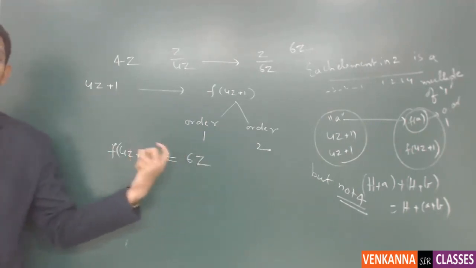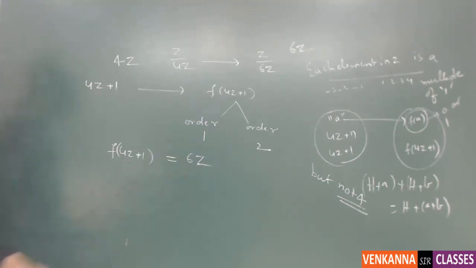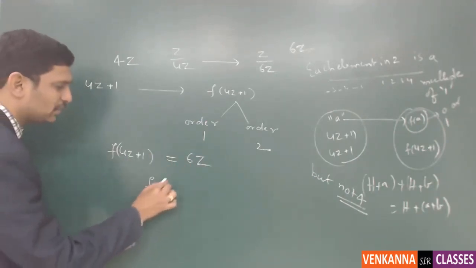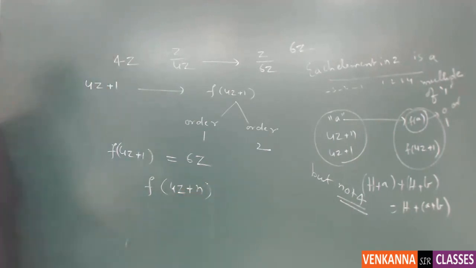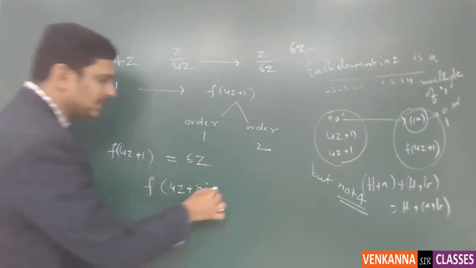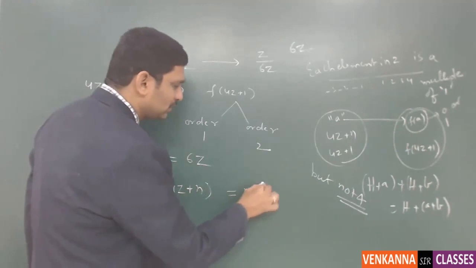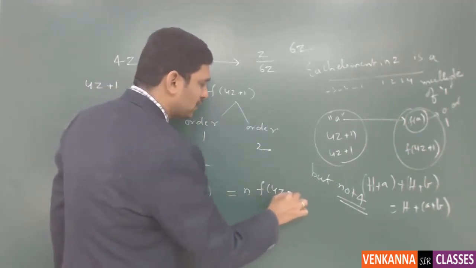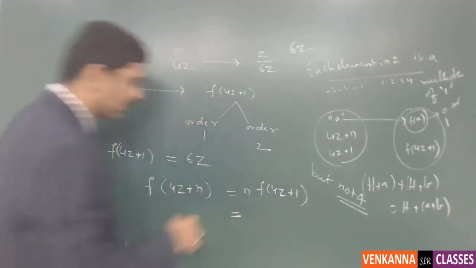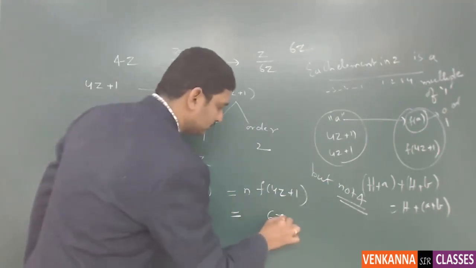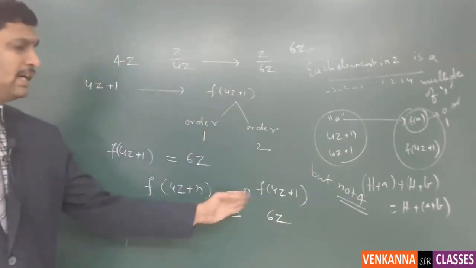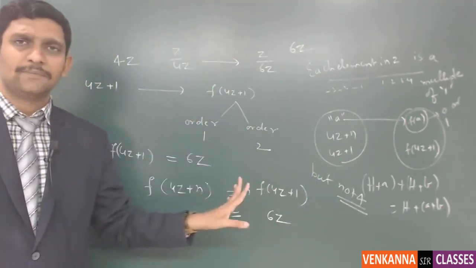So what is the possible homomorphism we are writing here? Whenever you take an element f of 4z plus n, it is equivalent to n into f of 4z plus 1, and this value is nothing but 6z. n into 6z is also nothing but 6z only.